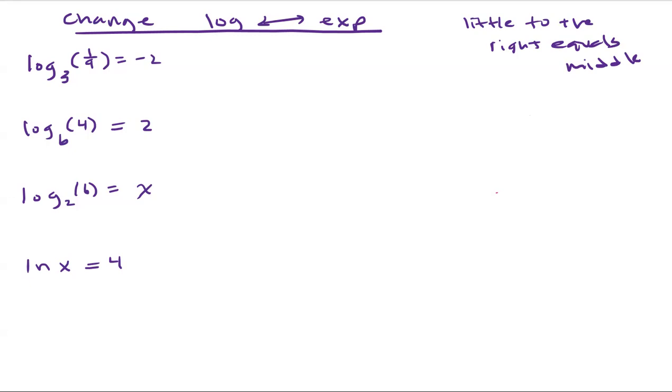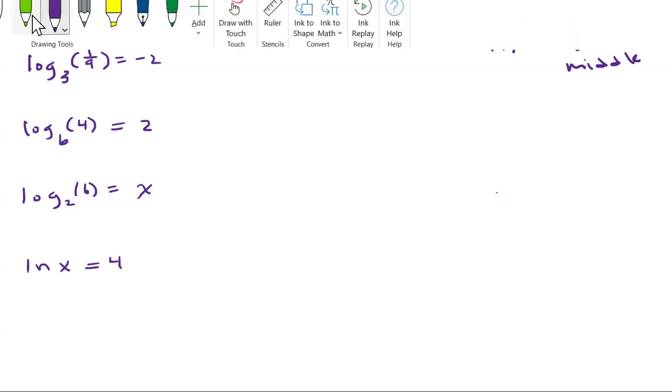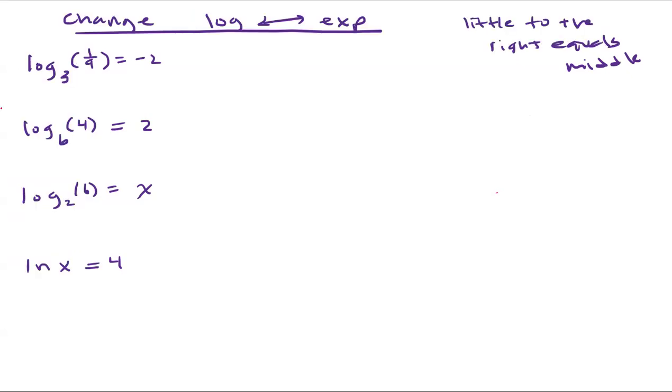What do I mean by that? The little I'm referring to is the 3. To the right, I'm referring to what's on the right side of the equal sign. And the middle is what's inside the parentheses. So if I want to rewrite this log function as an exponential function, I just follow this statement: little to the right equals middle.